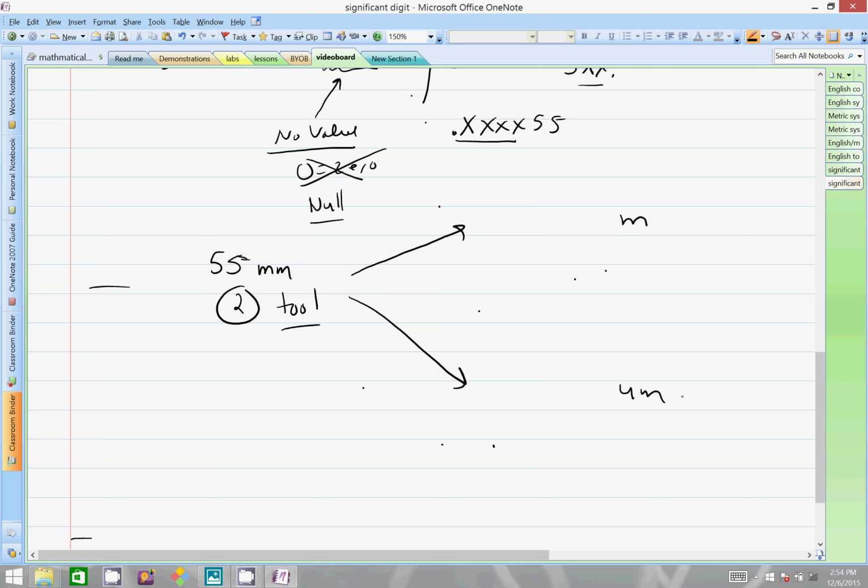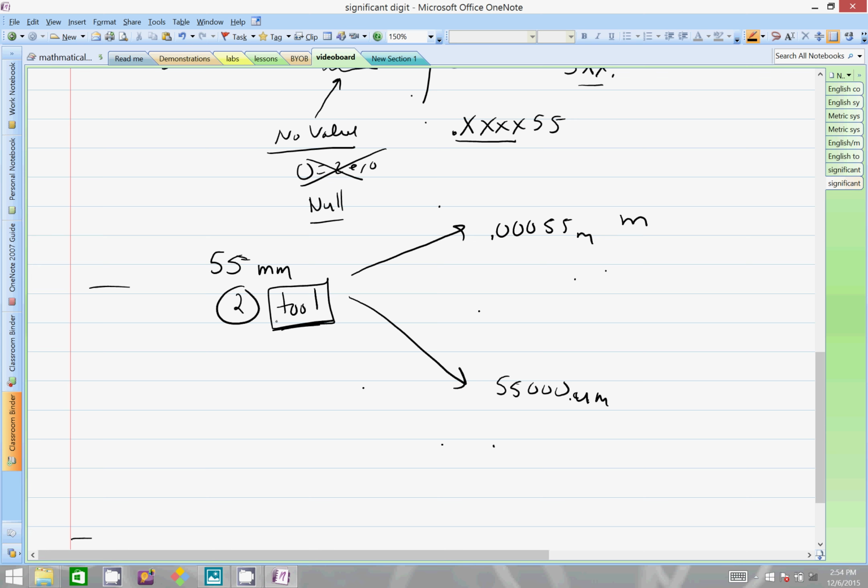For meters, this thing is going to be 0.00055 meters. And the micrometers is going to be 55,000 micrometers.